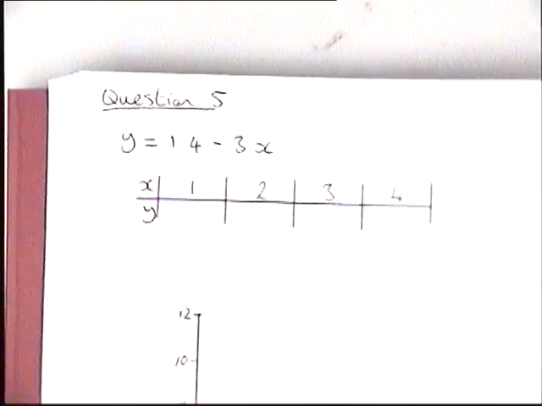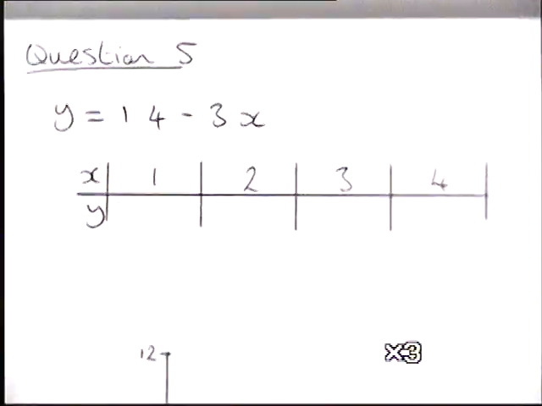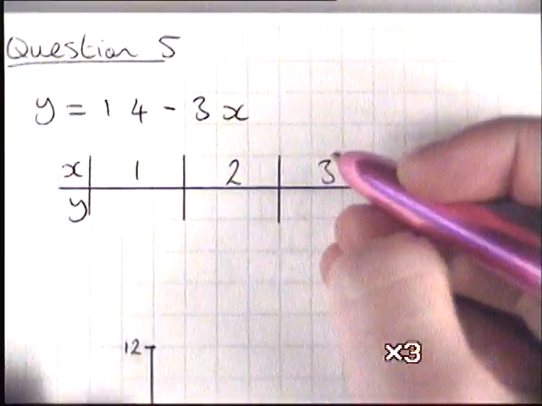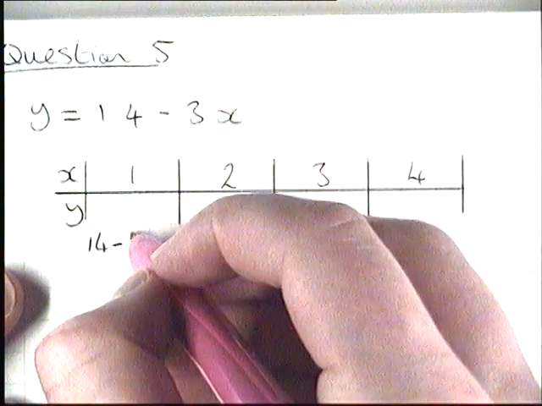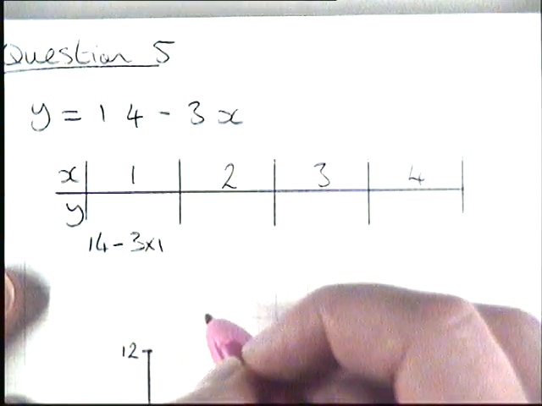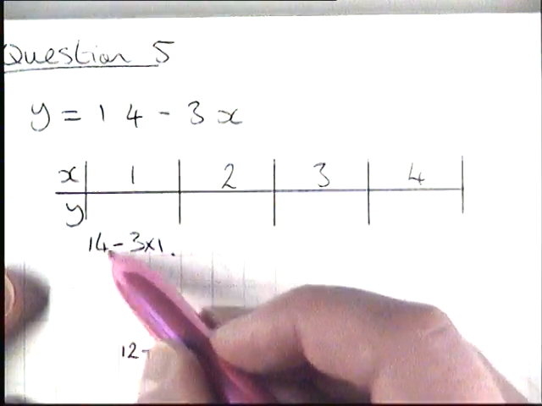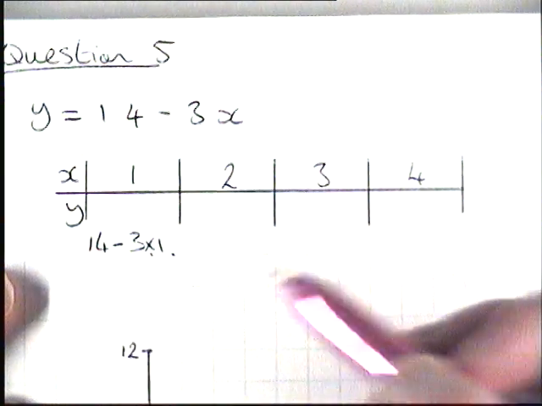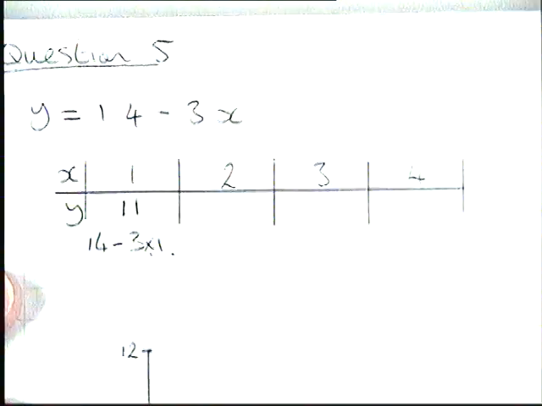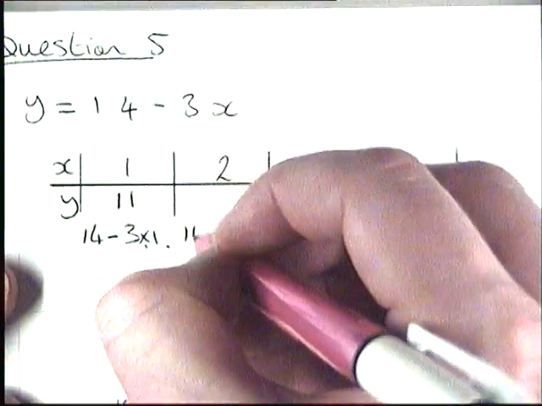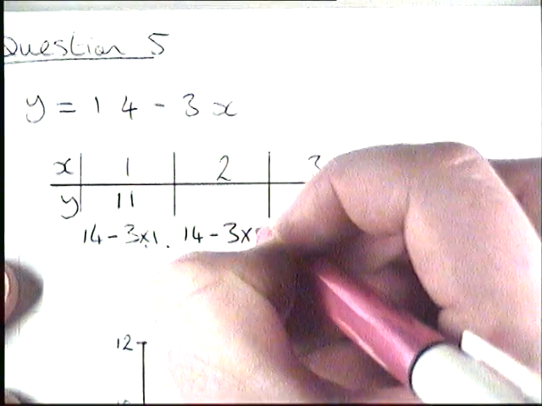And last question, question 5. So starting with our grid again, we've got 14 minus 3 times 1. So 3 times 1 is 3, 14 take away 3 leaves us with 11. 14 minus 3 times 2.